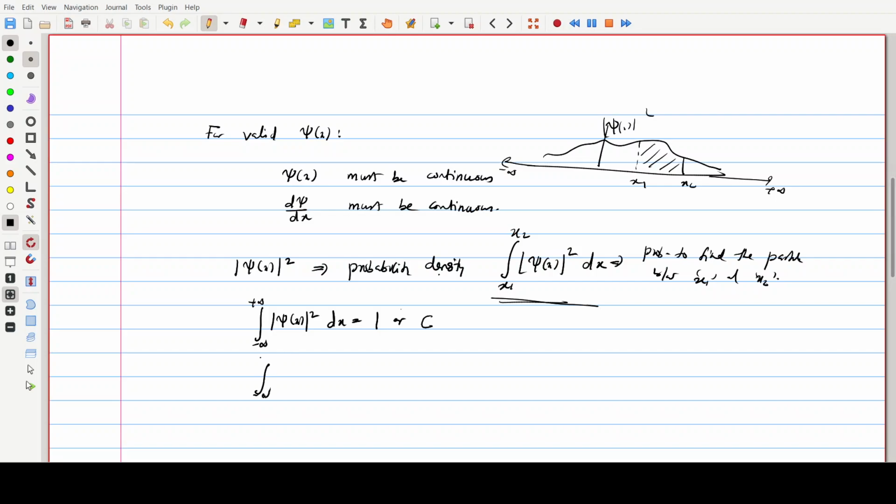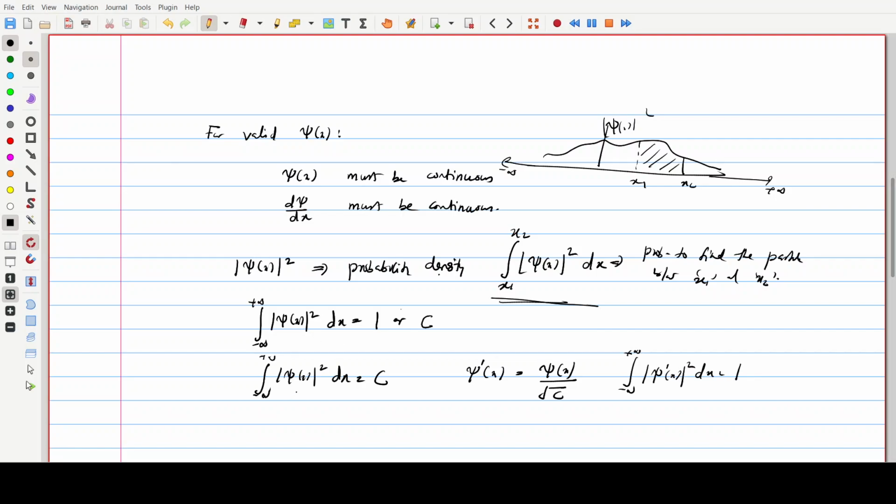If the integral of mod psi of x square dx is equal to some constant, that means this wave function is not normalized. So we can define a new wave function psi prime of x such that psi prime of x is psi of x divided by root c, and the integral of mod psi prime of x square dx will become 1.